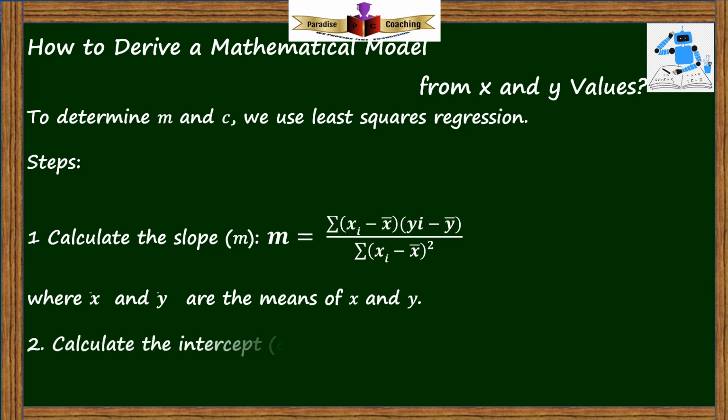Step 2. Calculate the intercept c, which equals y bar minus slope m multiplied by x bar.